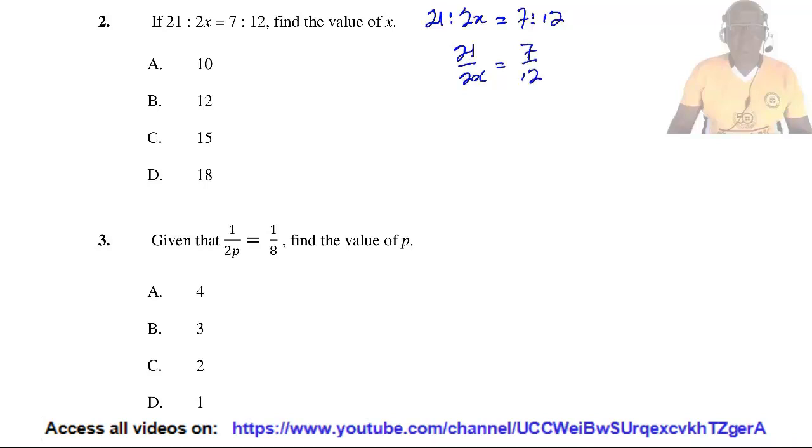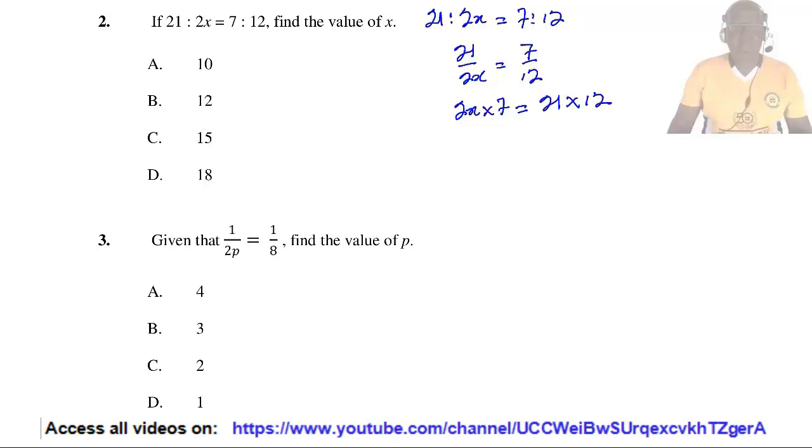At this stage, we shall cross multiply. That is, we shall multiply 2s by 7 and then equate to 21 multiplied by 12. That is 2s times 7 to be equal to 21 multiplied by 12.